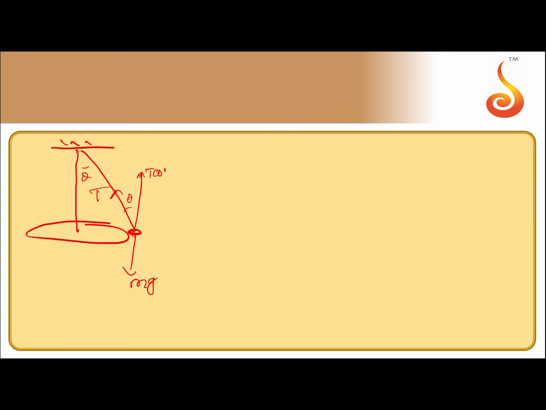Now, when this conical pendulum starts rotating, what are all the forces? You have got mg and tension, and this is theta. Thus we have T cos theta, and T sin theta is in this direction. So we have T sin theta provides m omega square r, and T cos theta is balanced by mg.